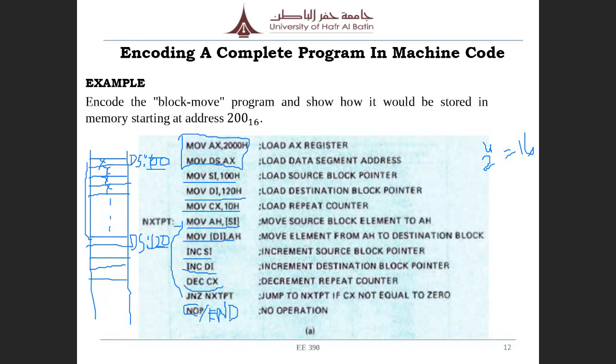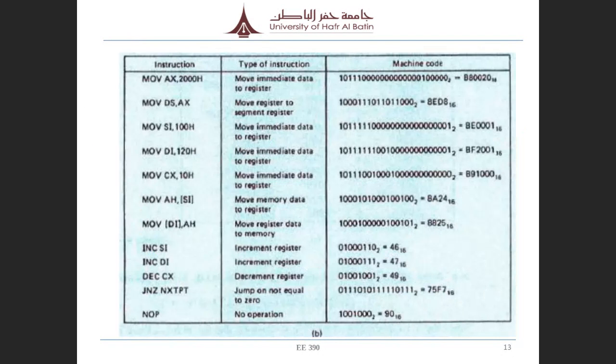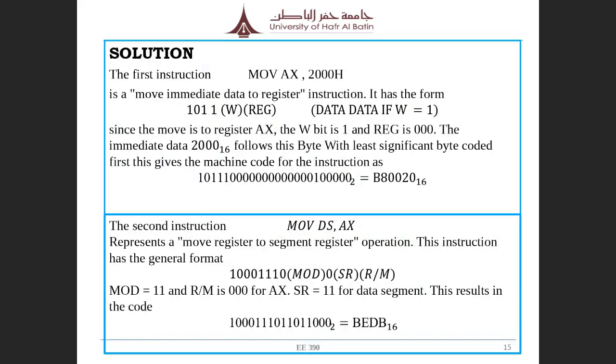Then now we'll see one by one what the machine code is. The first instruction is move AX comma 200H.